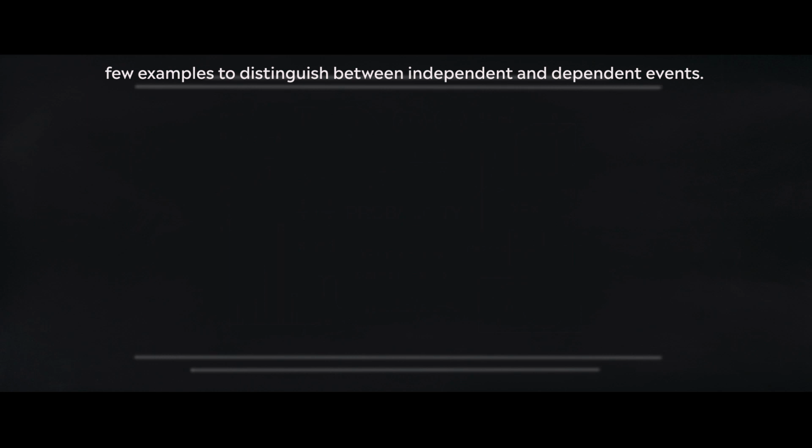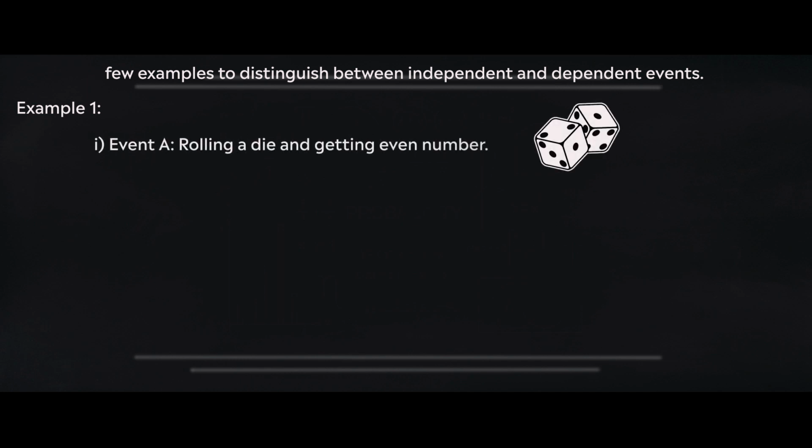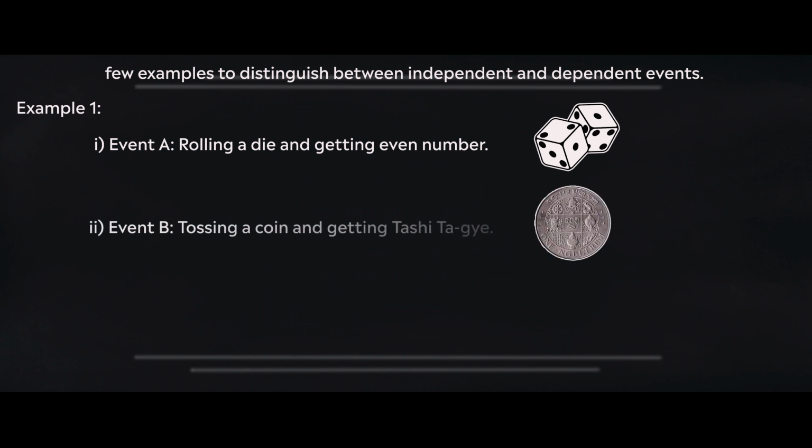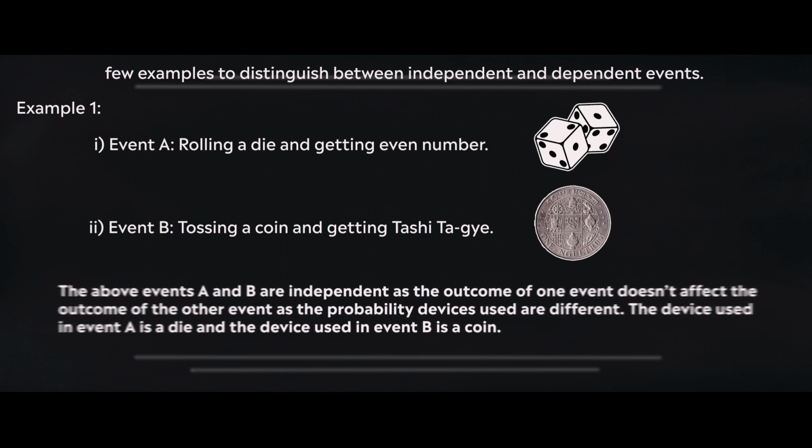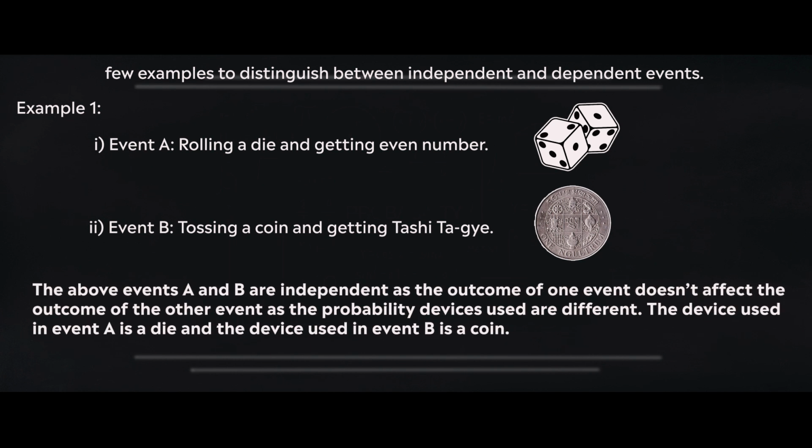So we have the first example. In example 1, event A is described as rolling a die and getting even number. Event B is described as tossing a coin and getting tashitage. The events here, events A and B, are independent as the probability device used are different.